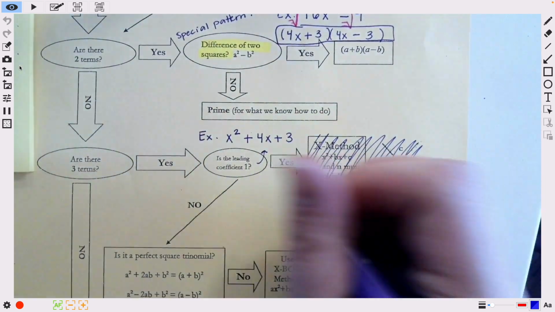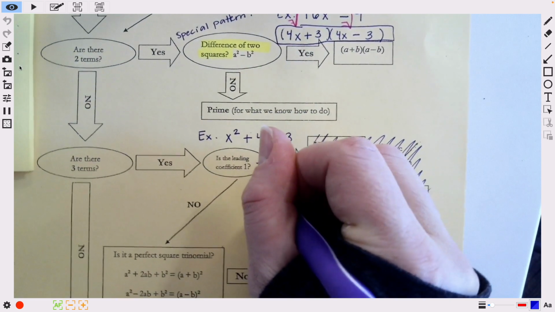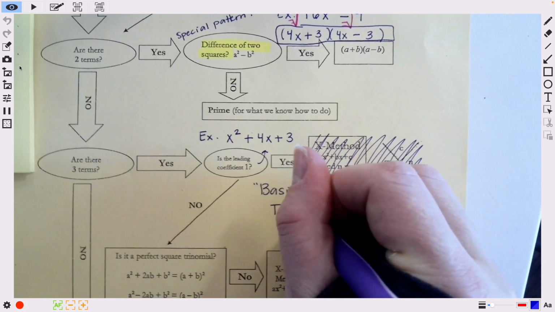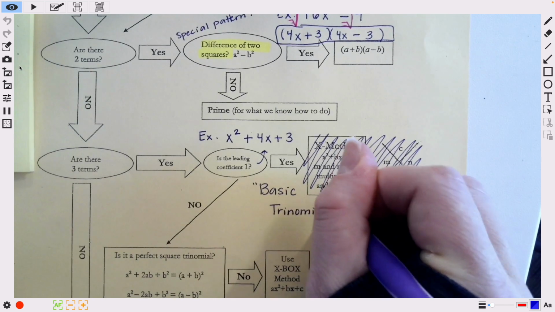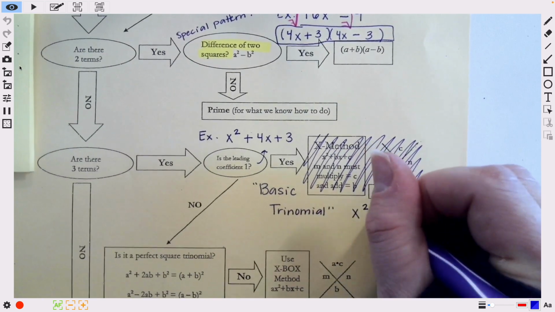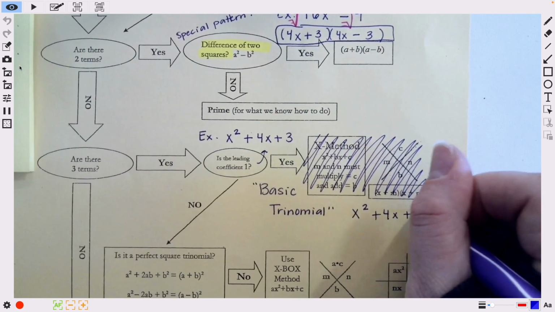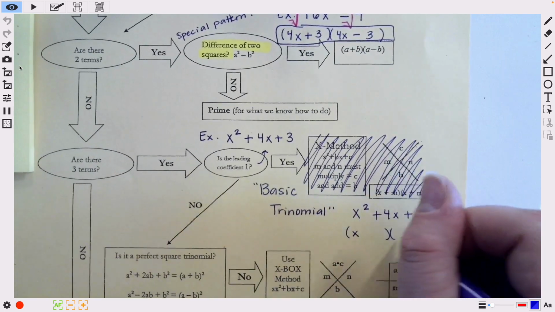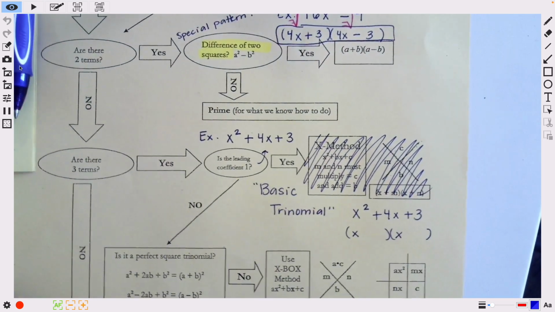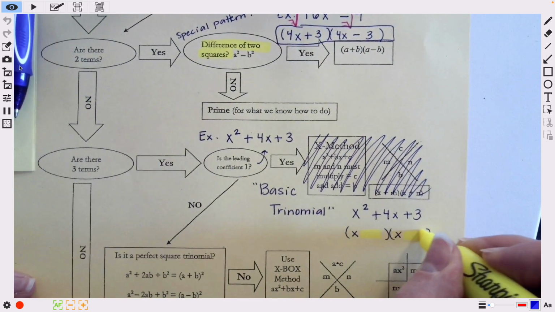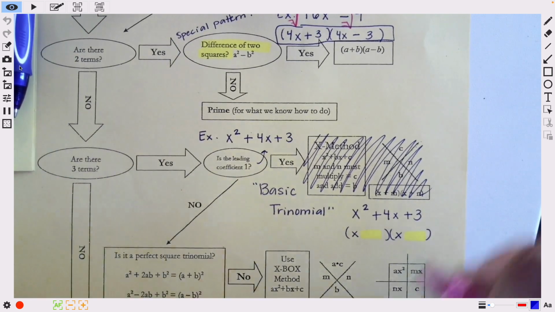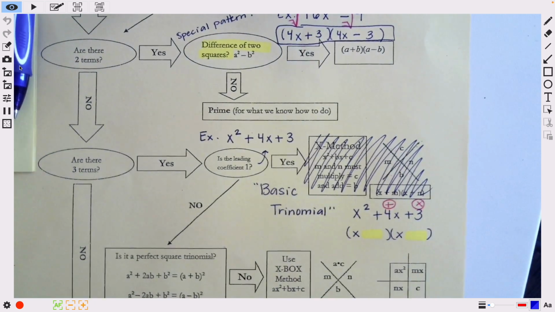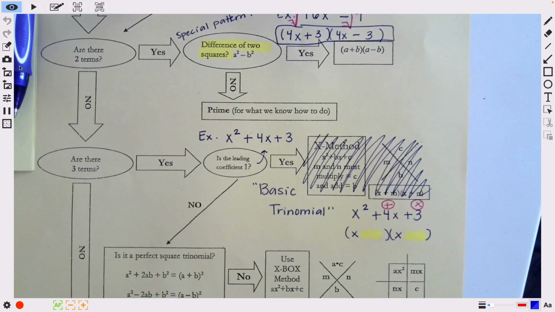I called this a basic trinomial because if your coefficient is just 1, then you're just simply asking what multiplies to this and adds to that. And then you would fill the numbers in.